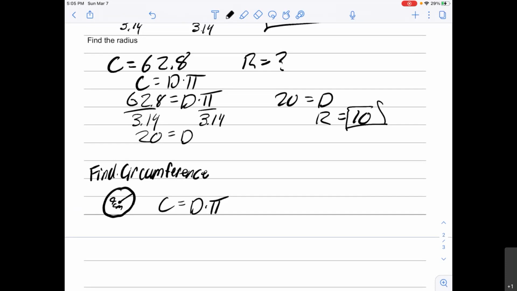We know that the diameter is 2 times the radius, so the circumference can be 2 times the radius times pi. So that's going to be 2 times 9 times pi. So I would like you to use 3.14 for pi and put this in as your second check. So this will be your second check. Use 3.14 for pi, and this will be your second check for this video.